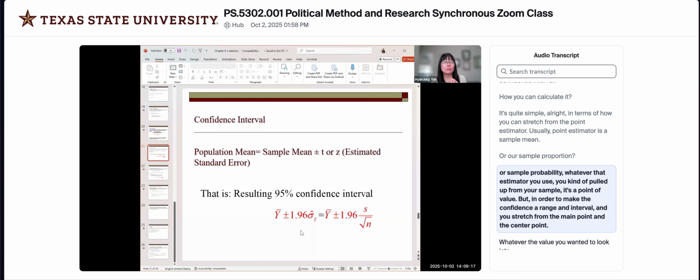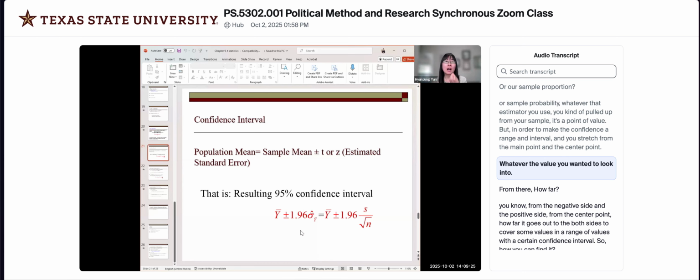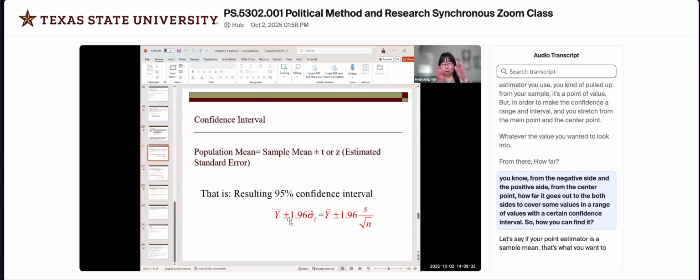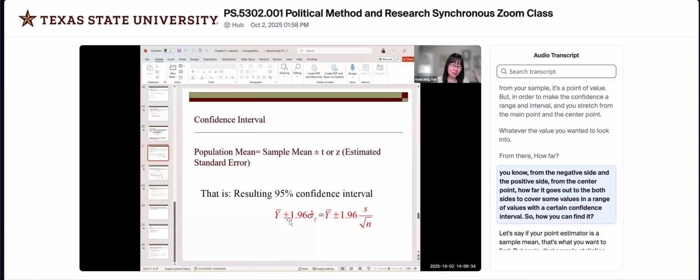But to make the confidence range, you stretch from the main point, the center point, whatever value you wanted to look into. From there, you go out to both the negative side and the positive side, to cover a range of values with a certain confidence level.